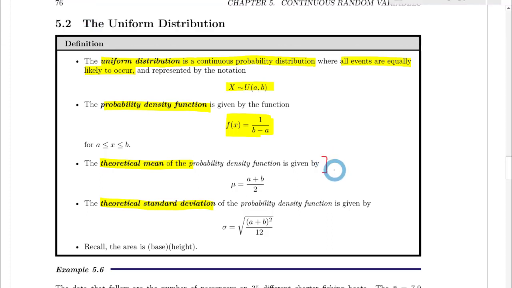So it's theoretical because we can think of it as, in the long run, what's going to happen if I toss the coin an infinite amount of times. So always think about, when we talk about theoretical mean, theoretical standard deviation, a light bulb should go off, and you should think about maybe in the same sense as you did with expected value.